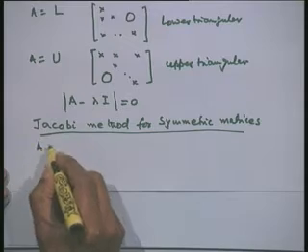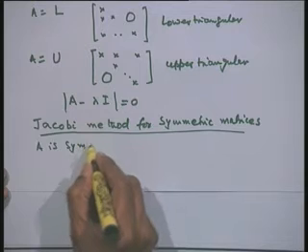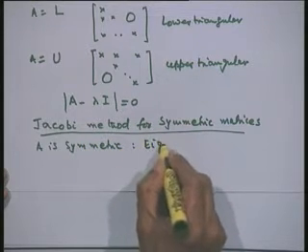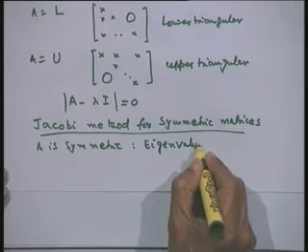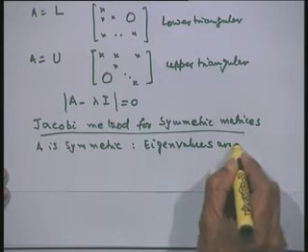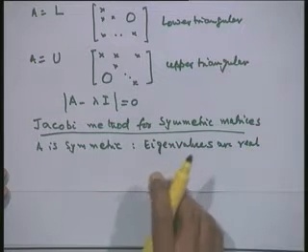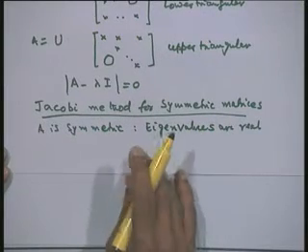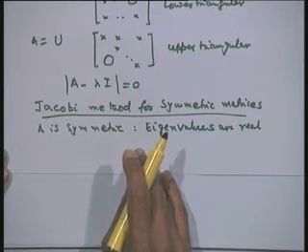We have earlier discussed some of the properties of symmetric matrices. One property is that all the eigenvalues are real. So, if A is symmetric, then eigenvalues are real. And secondly, there exists a similarity matrix which reduces A to a diagonal form.